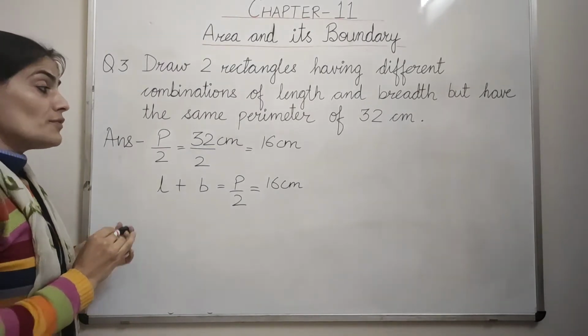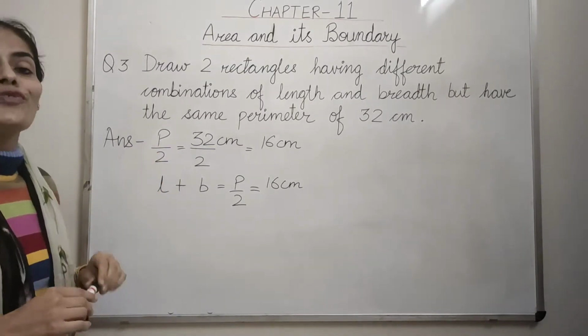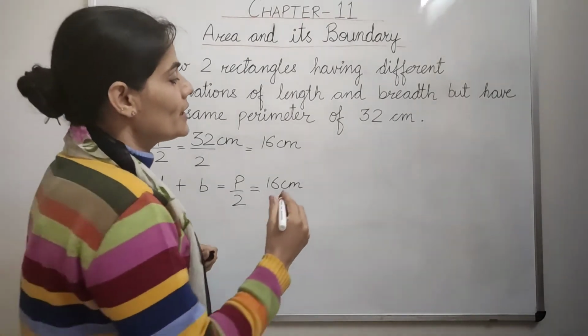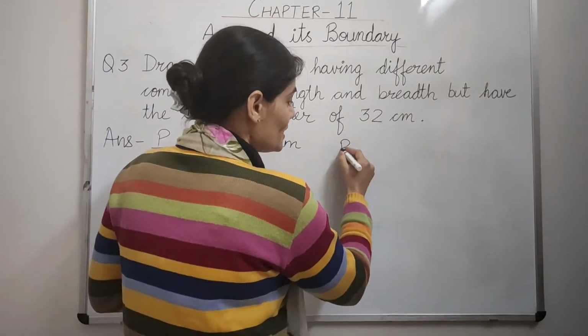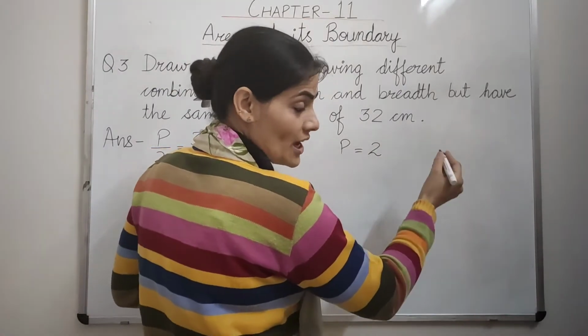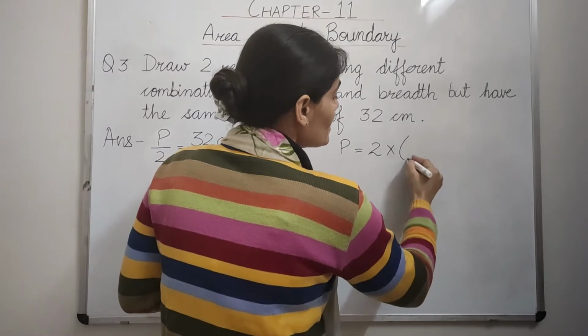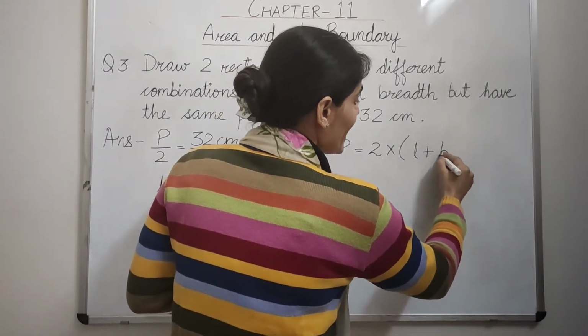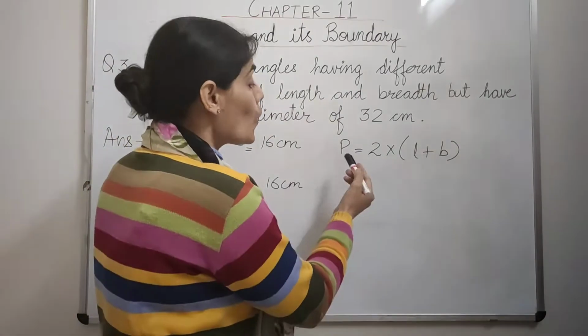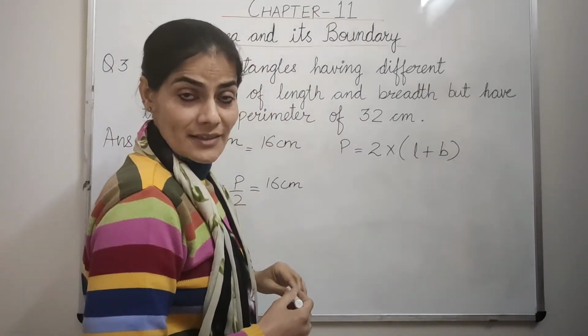Now, why have I asked you to follow these two steps? Now pay attention. The formula for finding the perimeter of a rectangle is 2 times the sum of length and breadth.